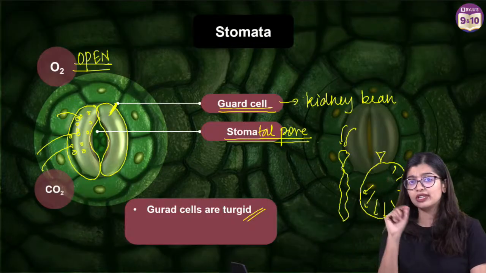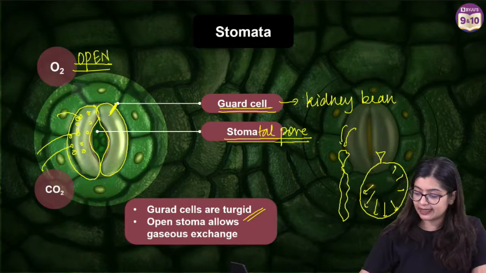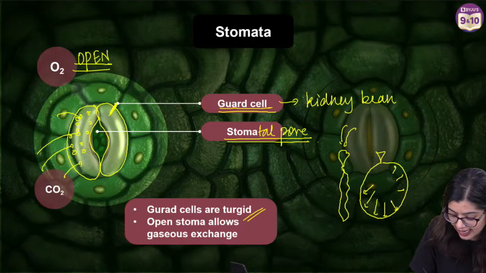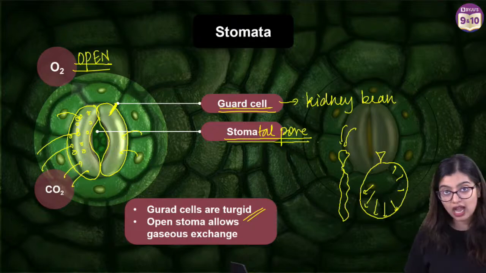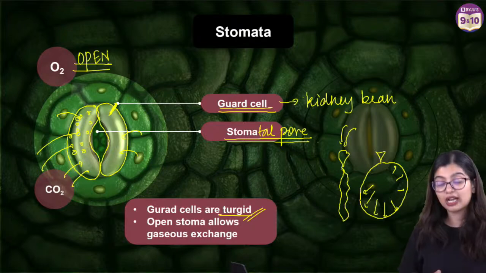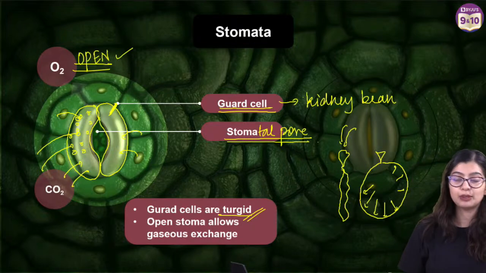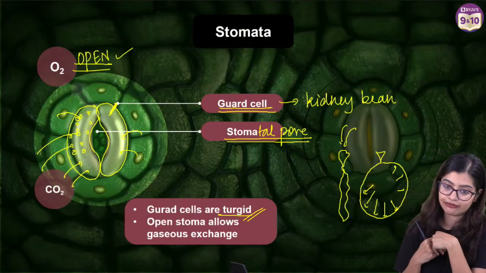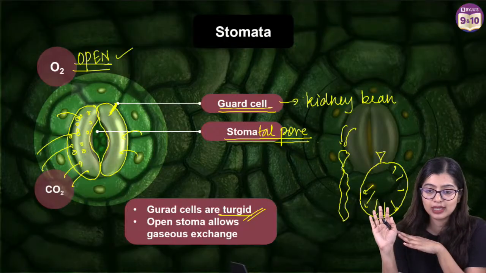So water will enter into the guard cell, the guard cell will become turgid and the stomata will be open, so that carbon dioxide can enter into my leaf. Are we clear with this?